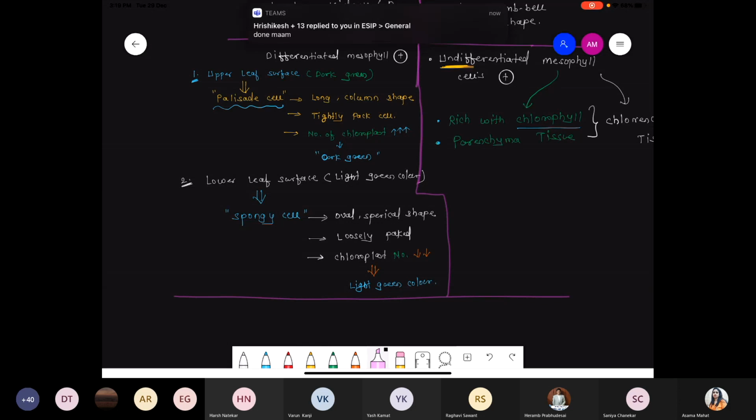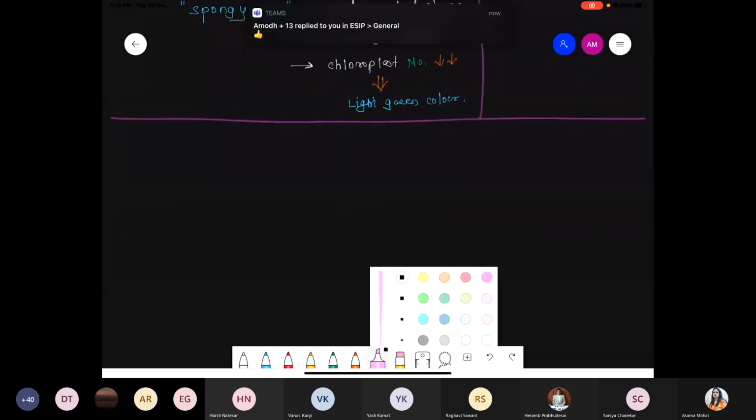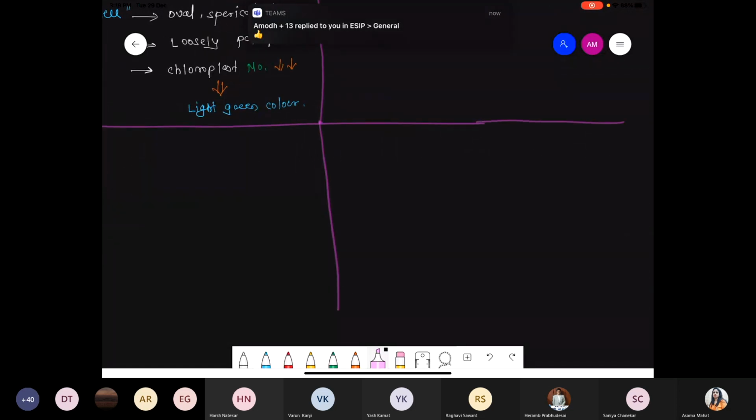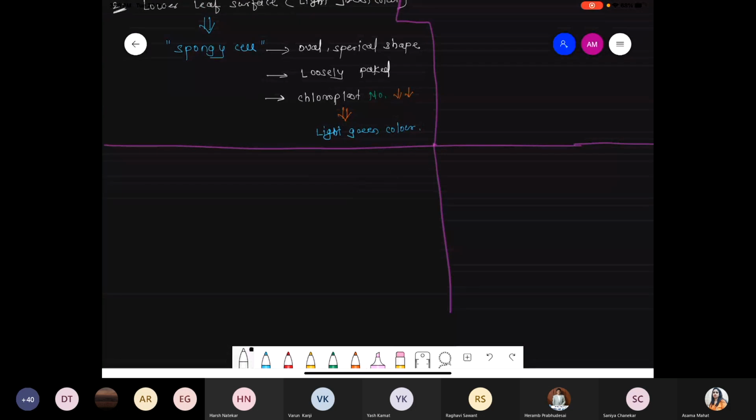Okay, let's go. The next point we are talking about is the vascular bundle, in the case of the dicot as well as the monocot. I hope you remember we already discussed this part.